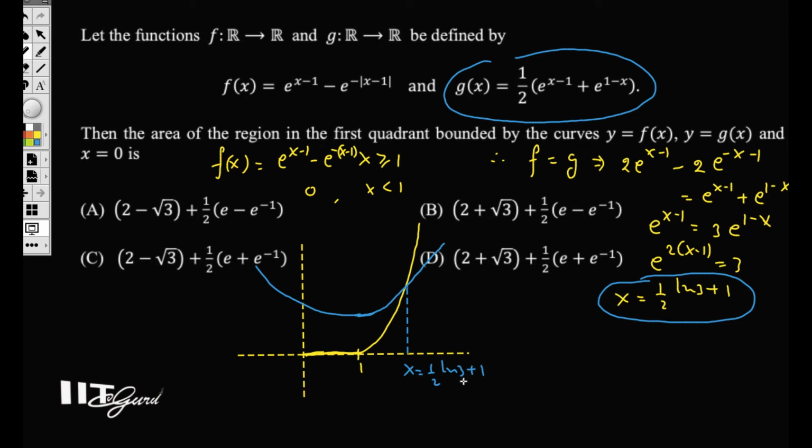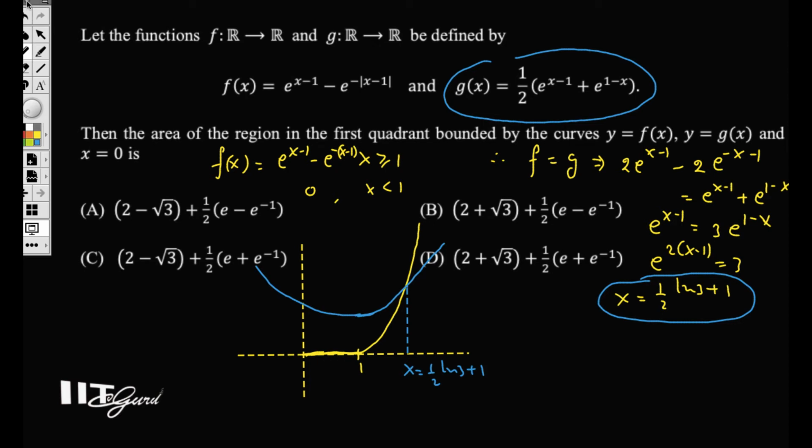So in this method, to get the required area, you integrate the blue graph gx from 0 to this point. This is the required area.